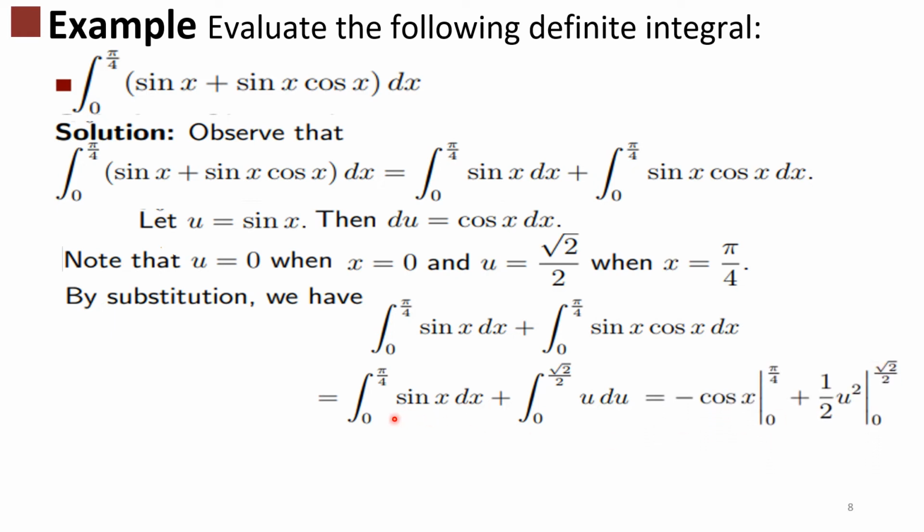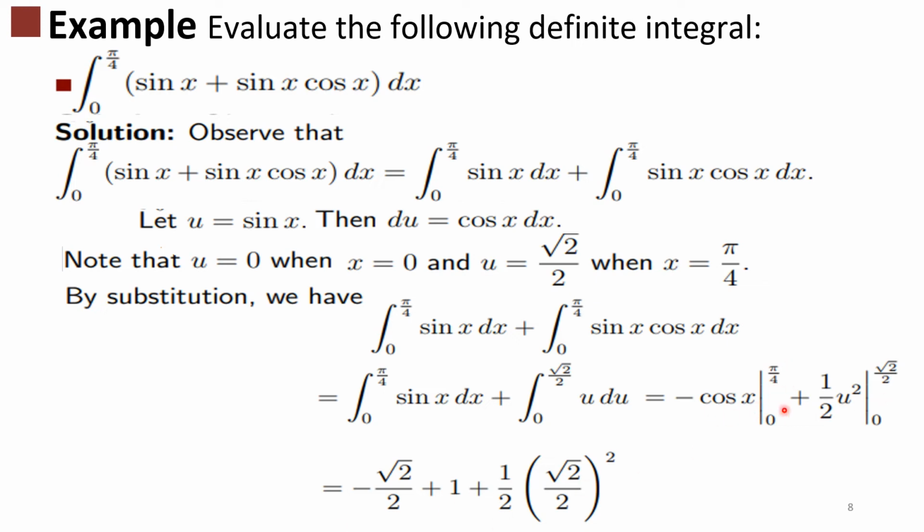So the integral of sine is negative cosine x, evaluated from 0 to pi over 4. And this one here, its integral is 1/2 u squared, evaluated from 0 to square root of 2 over 2. Simplifying further, we have negative cosine of x, so the upper limit is pi over 4.